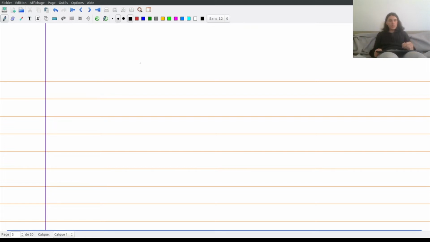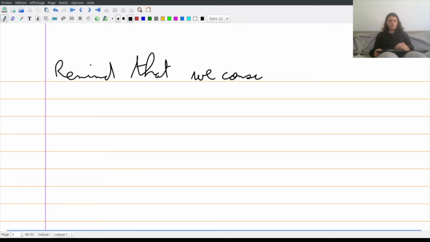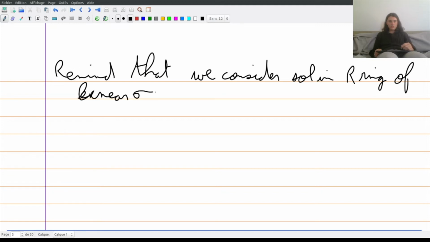So let me make some examples. Remember that we consider solutions in R, which is a ring, of a linear sigma equation over K. So here is the main example that we are going to consider.